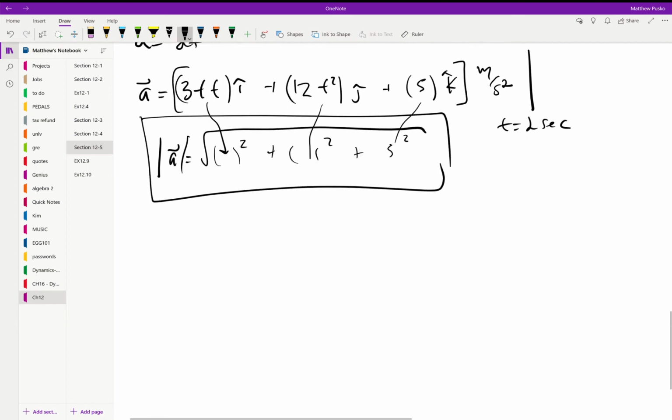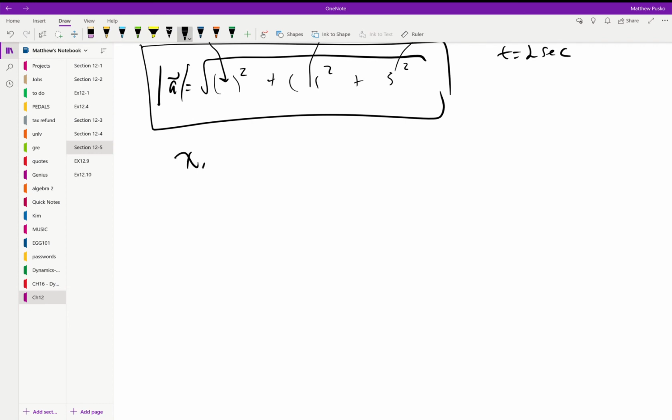What about the XYZ part? That's a little bit trickier. They want to know what position or what is the coordinate at 2 seconds. XYZ at 2 seconds. Well, we're going to go back the other way. I'm going to take each component.